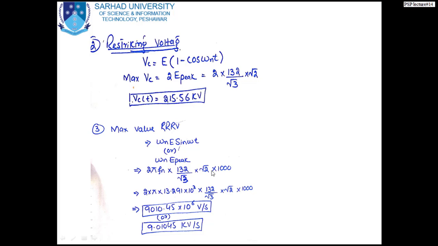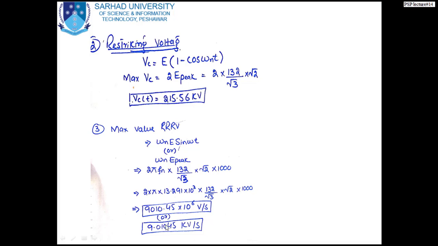This 1000 is because of kilovolt, so 132 multiplied by 1000 becomes volt. After performing these calculations, we get 9010.45 multiplied by 10 raised to the power 6, or 9010.45 megavolt per second.